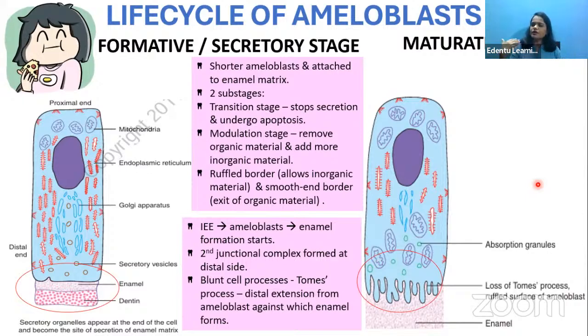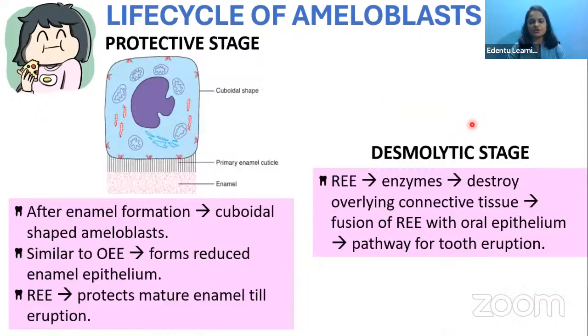When inorganic material enters, more and more mineralization and calcification happens. When the smooth border appears, it means the cell is exiting lots of organic material. Tomes' process will also be lost in this stage. So that's about the maturative stage.